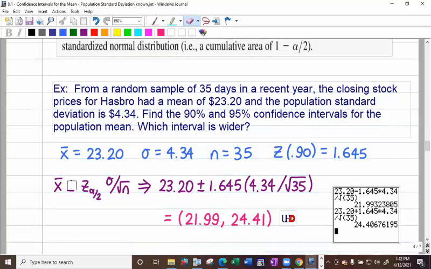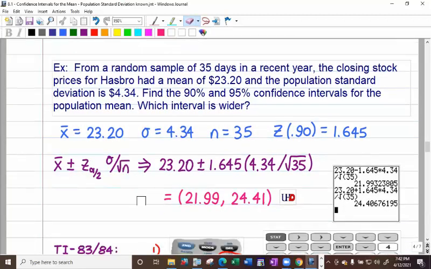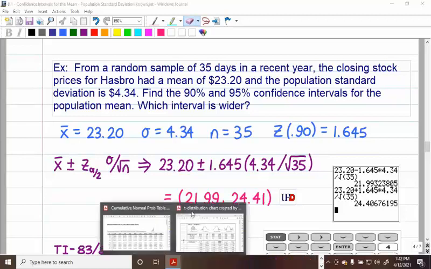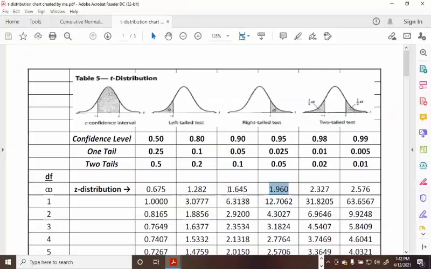All right, so here's the formula. Somebody doing it this way takes the mean, 23.20, plus and minus 1.645. Oh, 1.645. That's one of the ones that's on the chart. 90% right there.